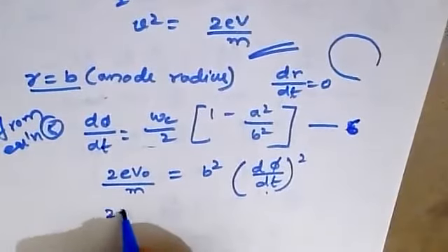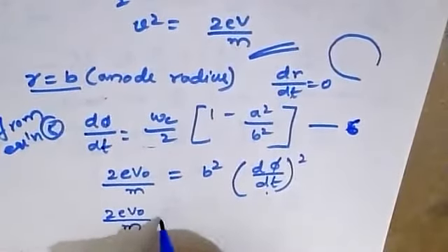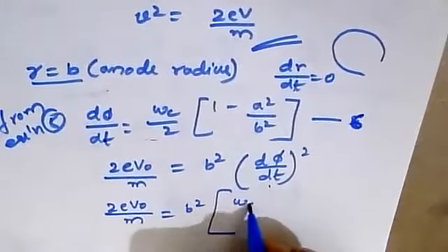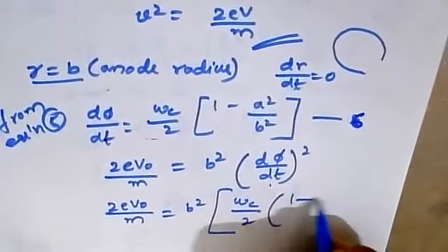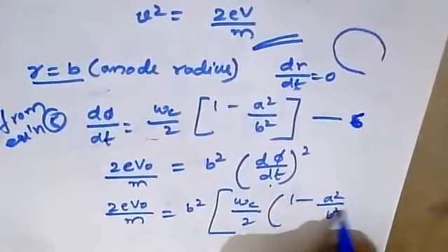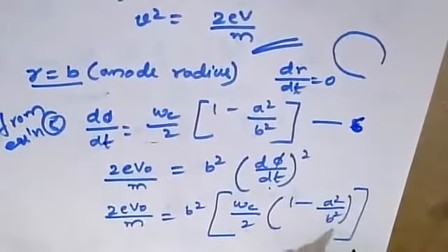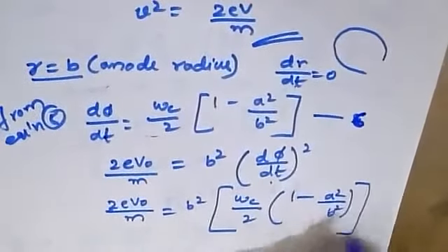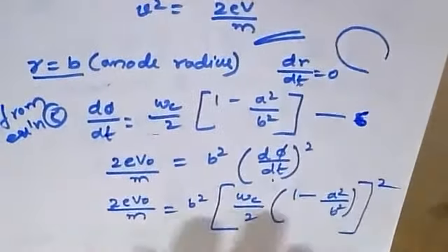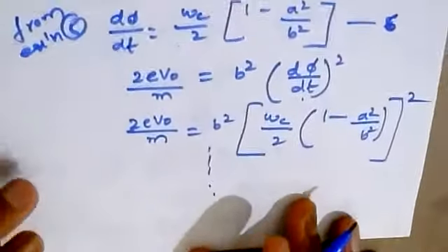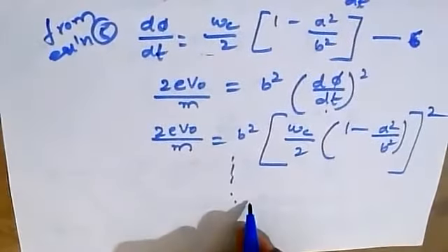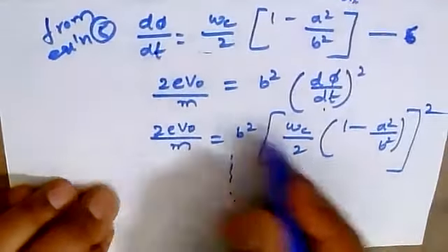Then 2e v naught by m will be equal to b square, replace this as omega c by 2 times 1 minus a square by b square. Now simplify this, and keep on simplifying.